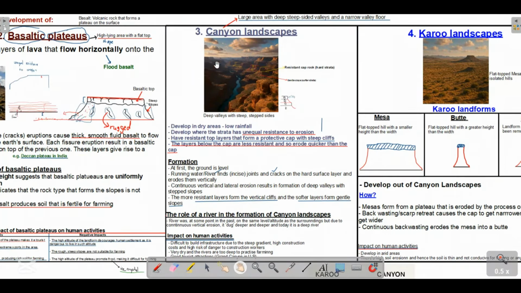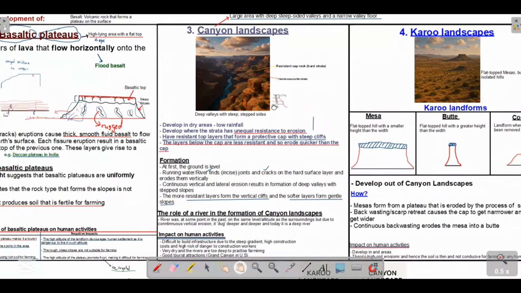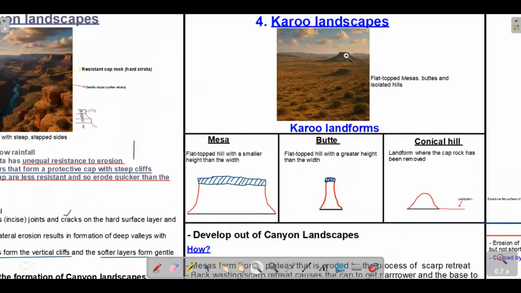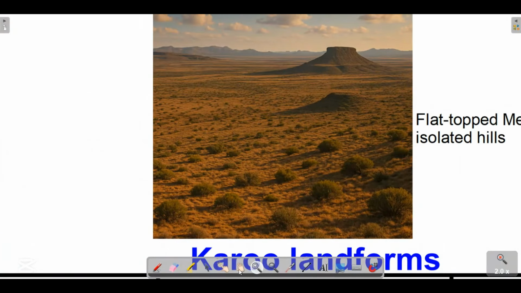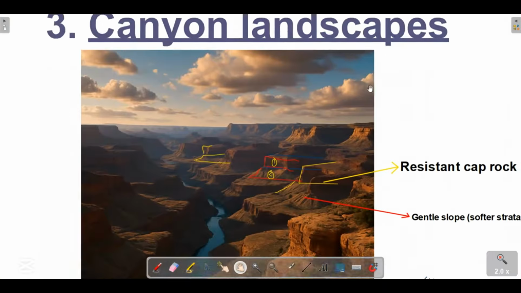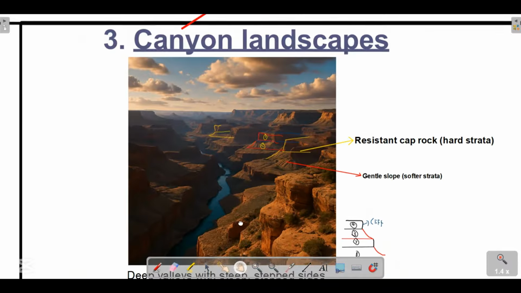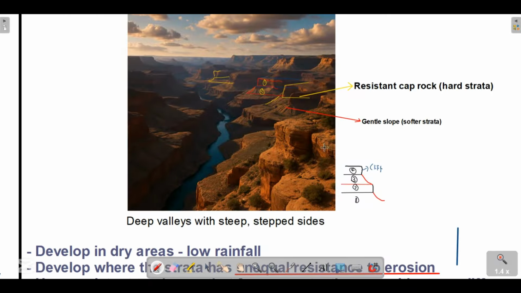And the continuous erosion, more and more erosion, and back wasting produces the Karoo landscape. So if you look at the Karoo landscape, guys, this was a canyon landscape at some point. Okay, so the Karoo landscape formed from a canyon landscape, and it's due to back wasting or scarp retreat. It's basically whereby the slope erodes like that.